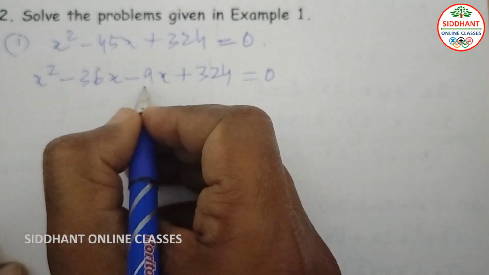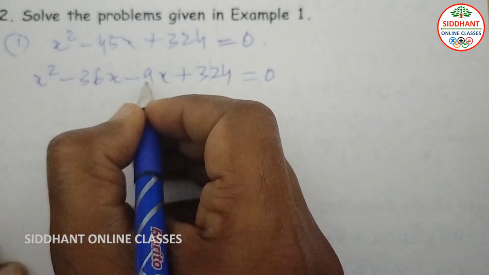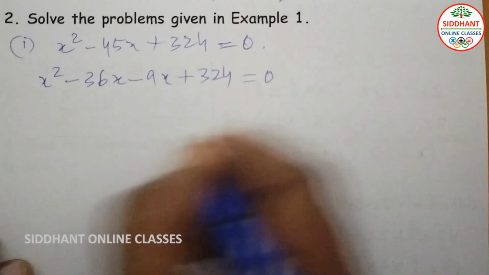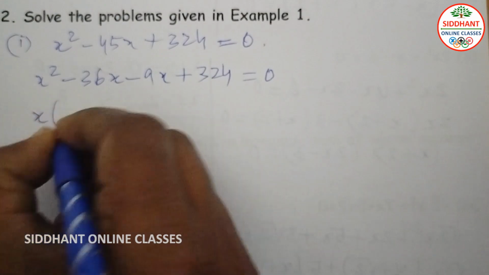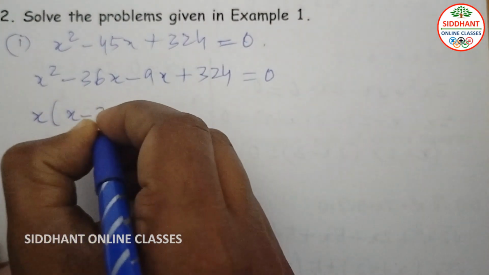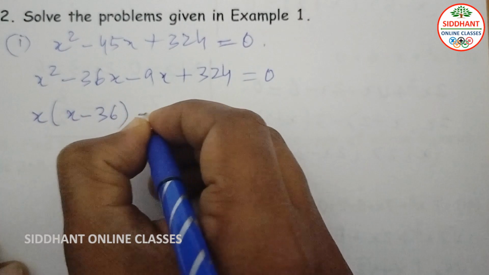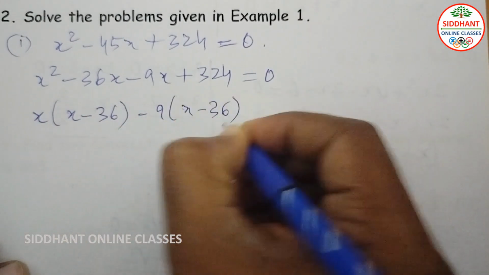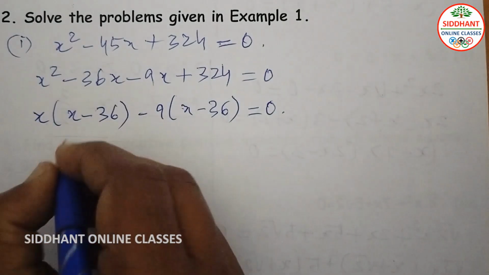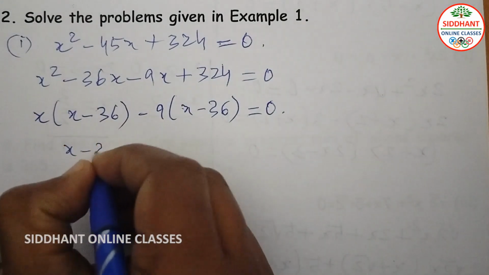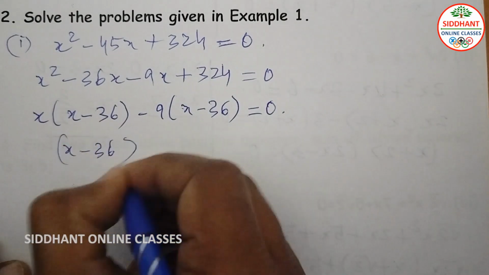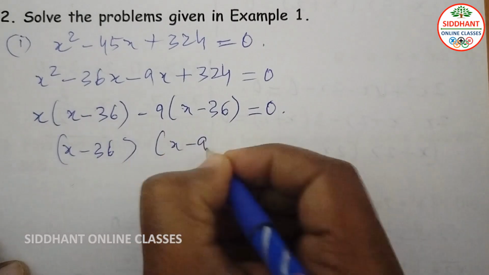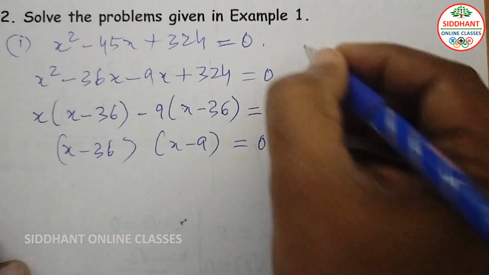So 36 plus 9 is 45, 36 into 9 is 324. So taking x common here, x minus 36, and taking 9 common, x minus 36 equal to 0. So one is x minus 36, another is x minus 9 equal to 0 here.